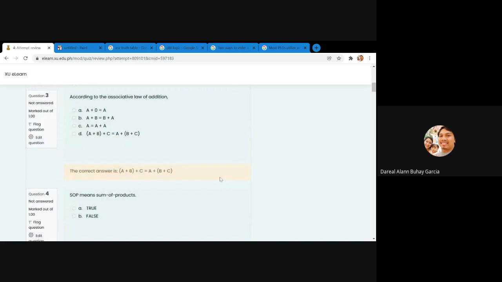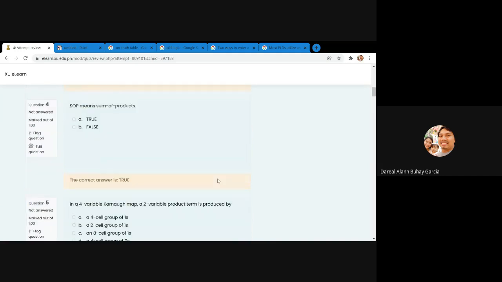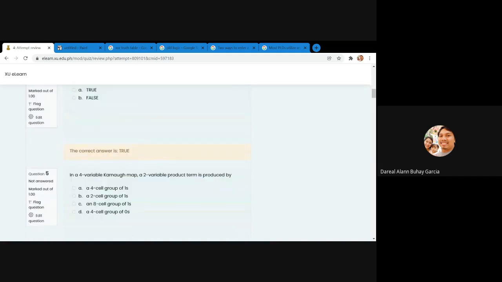SOP means sum of product. True. In a 4-variable K-map, a 2-variable product term is produced by a 4-cell group of ones, a 2-cell group of ones, an 8-cell group of ones, or a 4-cell group of zeros.